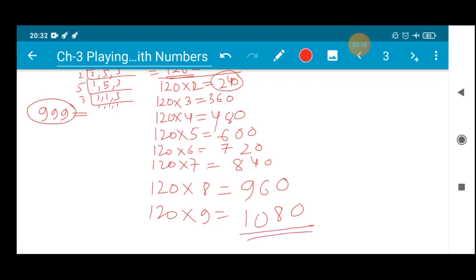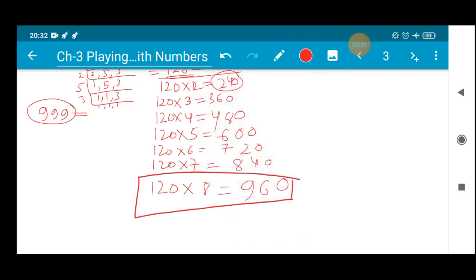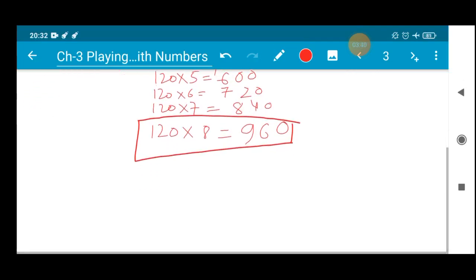So you can see here 1080 is now touching a 4-digit number: 1, 2, 3, 4. So we cannot go for 120 into 9, because we are getting a 4-digit number with this. As we have to find the greatest 3-digit number only, 960 will be the greatest 3-digit number, right?